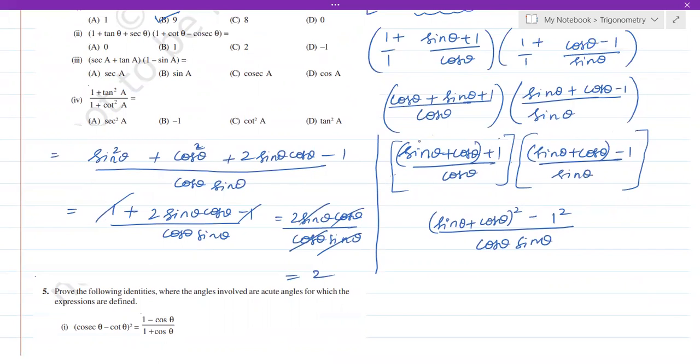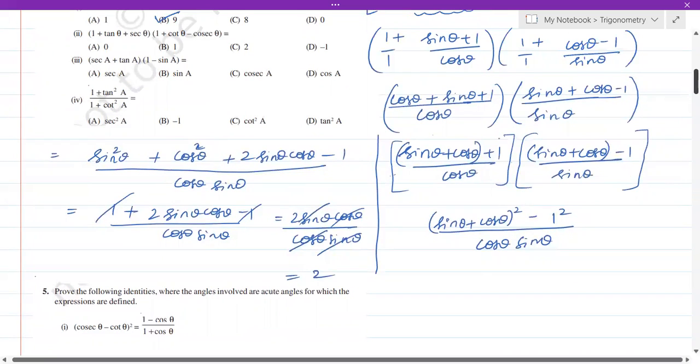And the denominator cos theta into sin theta is cos theta sin theta. Then again, the numerator is in the form of A plus B whole square. We used it and got the final answer as 2. So this is how we get the answer.